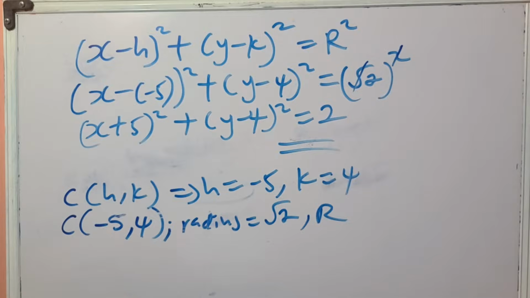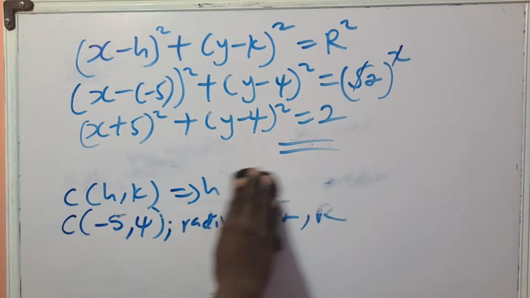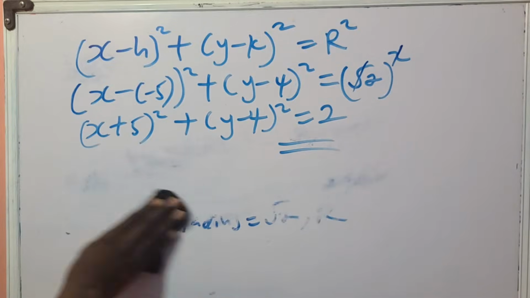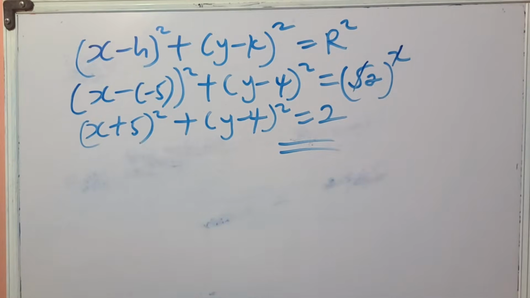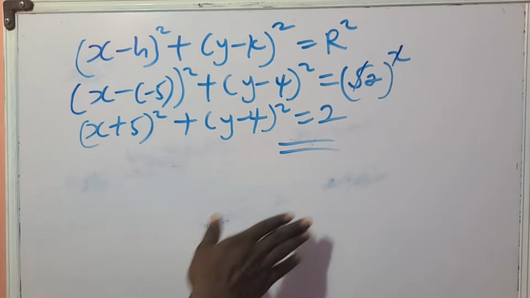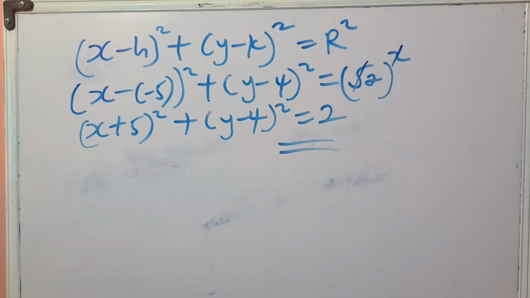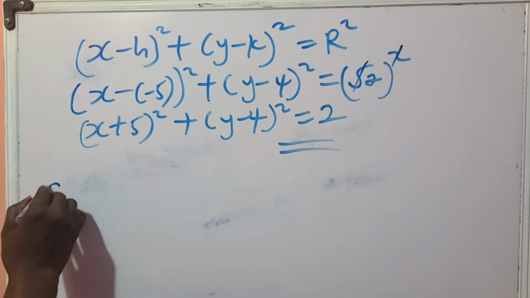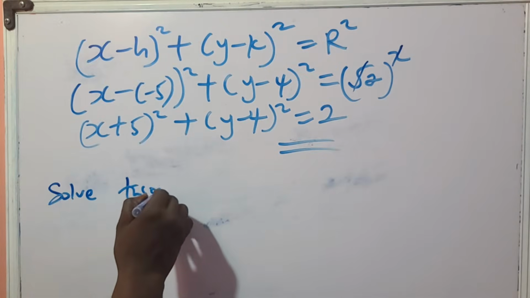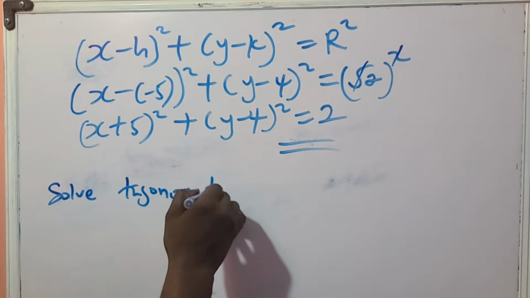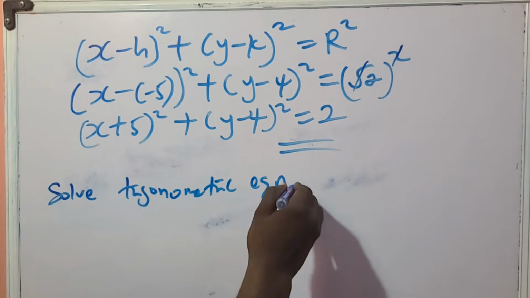So I have a question on trigonometry for you. You have to solve that one in, let's say, 5 minutes. Trigonometry, let's try and solve that quickly. We'll get into calculus in a bit. You have to solve this trigonometry equation.